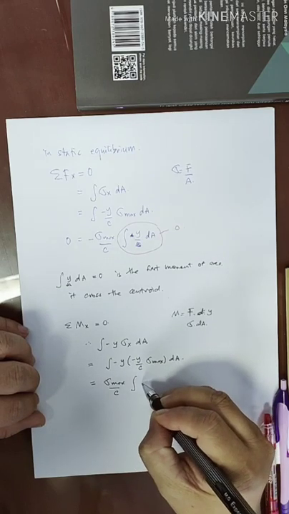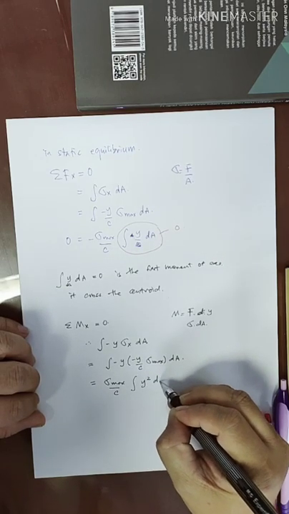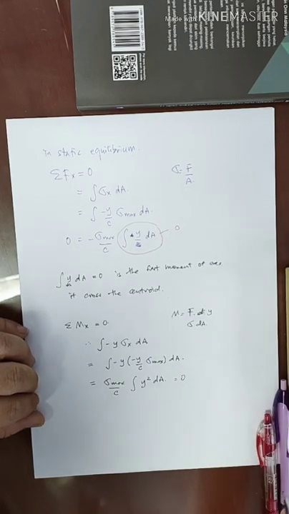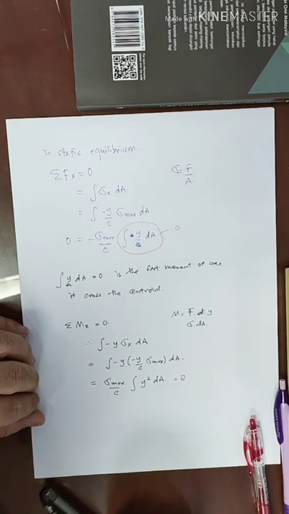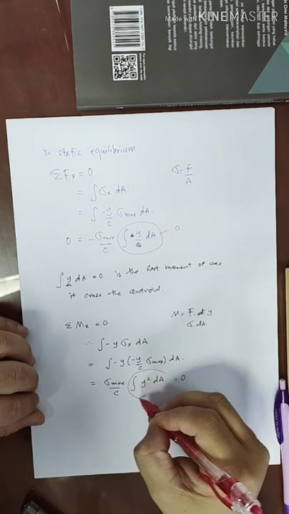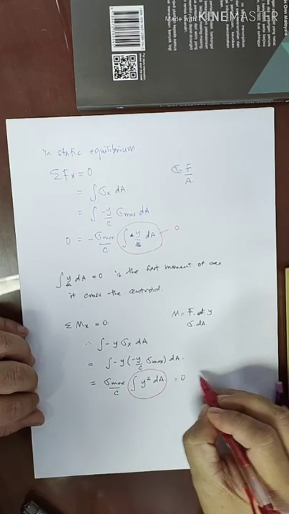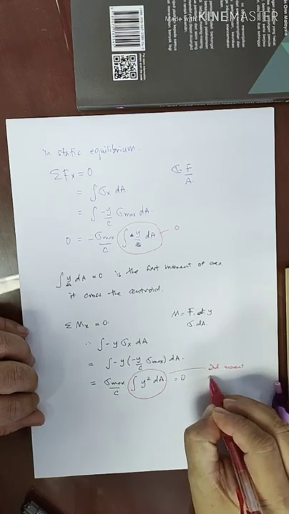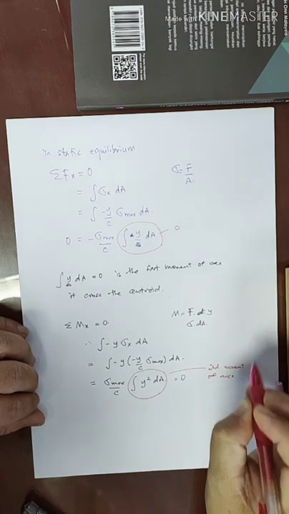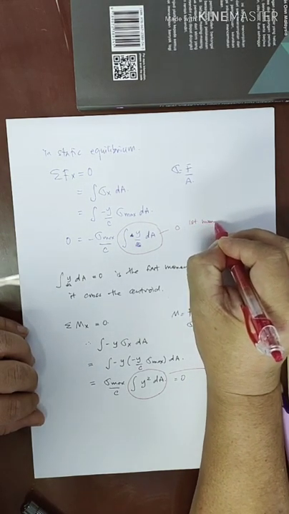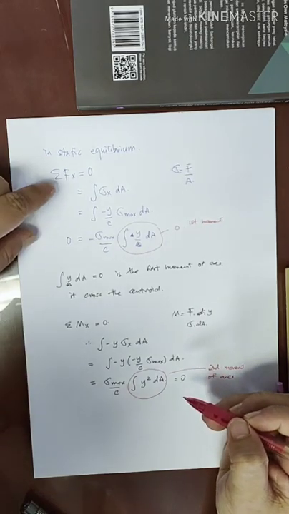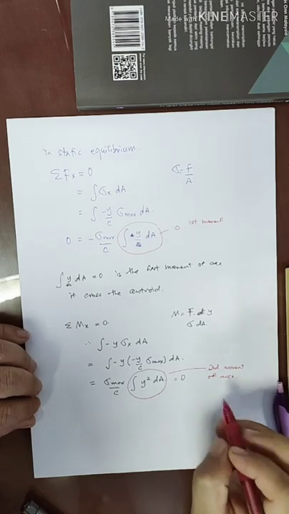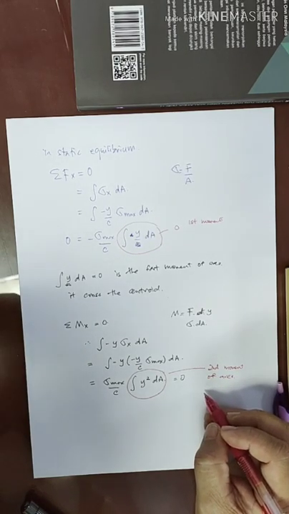So we have the integration of y squared dA. Interestingly, this integration of y squared dA is also called the second moment of area. So the first moment happens in the static equilibrium of force, whereas the second moment happens in the static equilibrium of moment.